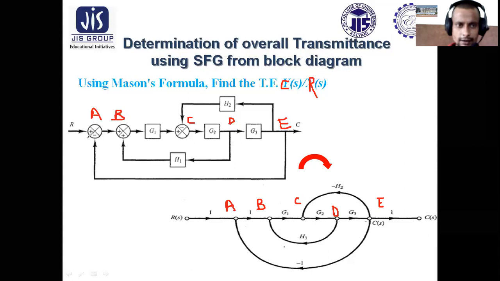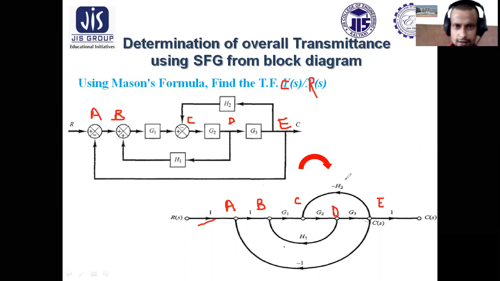In between R and A, there is 1. In between A and B, there is 1. In between B and C, there is G1. In between C and D, there is G2. In between D and D, there is G3. In between E and C, there is 1. Now, in between E and C, there is a feedback of minus H2.